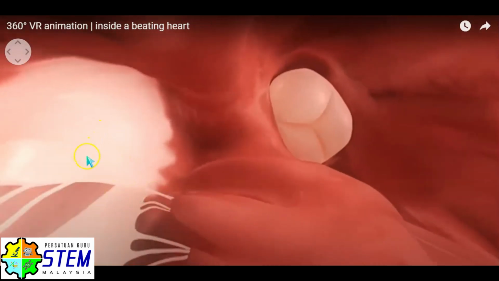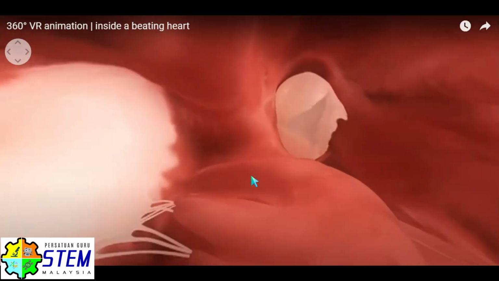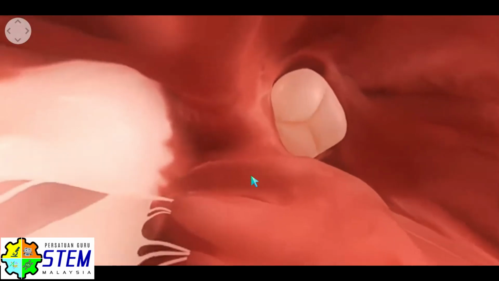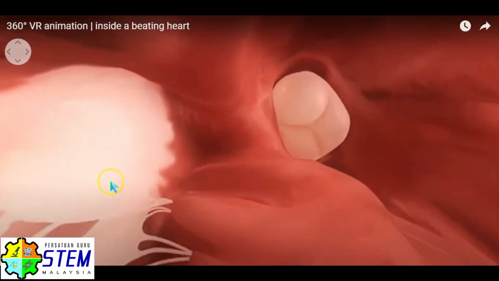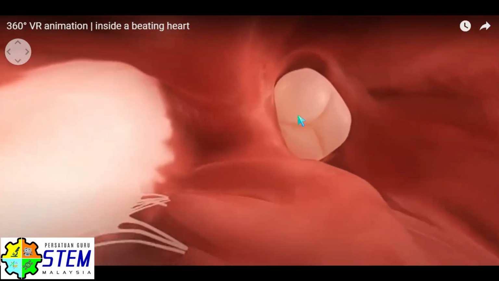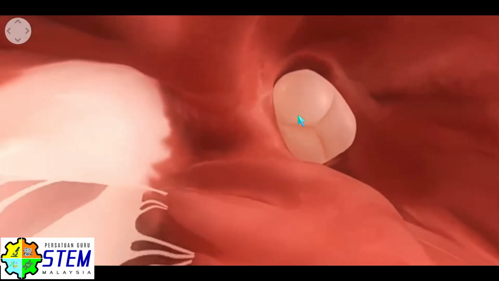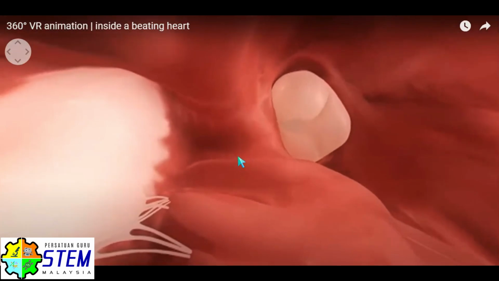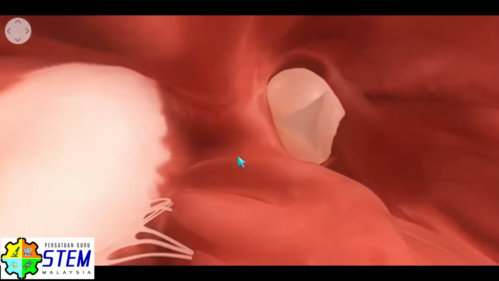When the tricuspid valve opens, the semilunar valve will close. The closing of the atrioventricular valves, the bicuspid and tricuspid valves, will produce the lub sound, while the closing of the semilunar valve will produce the dub sound. That's why the heart sound is lub-dub, lub-dub.